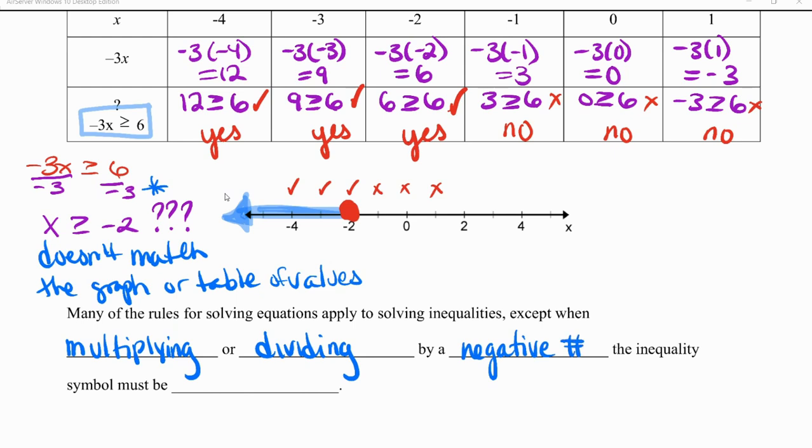If you multiply both sides of the inequality by a negative or divide both sides of the inequality by a negative, the inequality symbol must be flipped.